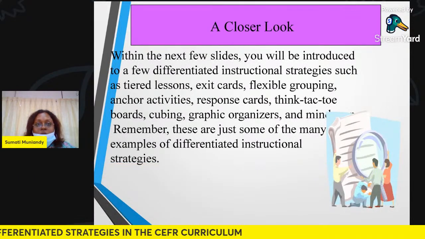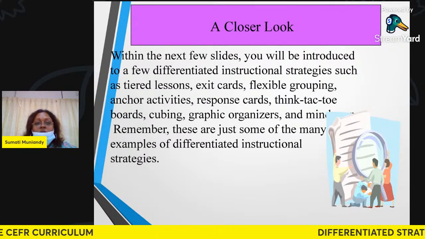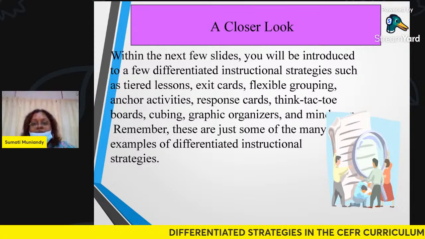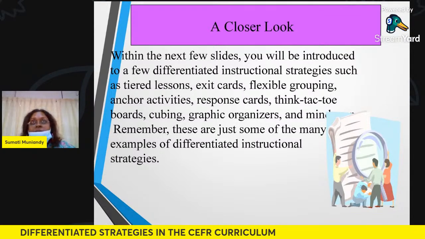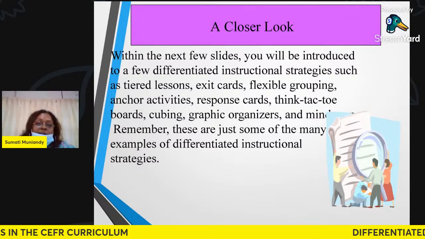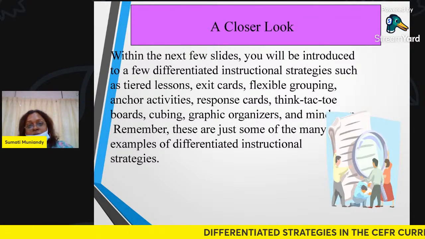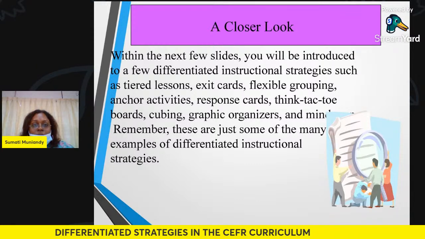A closer look. Within the next few slides, you will be introduced to a few differentiated instructional strategies such as tiered lessons, exit cards. All these are considered formative assessment also. Flexible grouping, anchor activities, response cards, tic-tac-toe boards, cubing, graphic organizers.